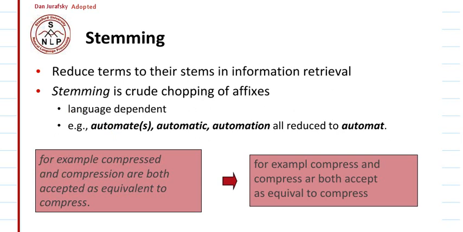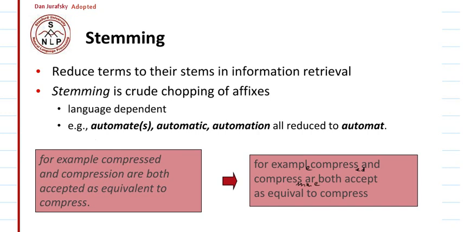So as an example given here, compressed and compression are both accepted as equivalent to compress. So we see how stemming is done here. For example, we see the E is missing here, in compressed the ed is missing, and in compression the SSION is missing here.